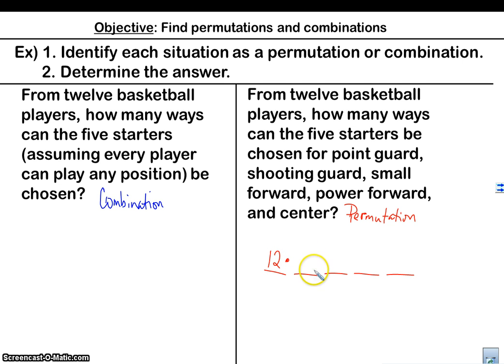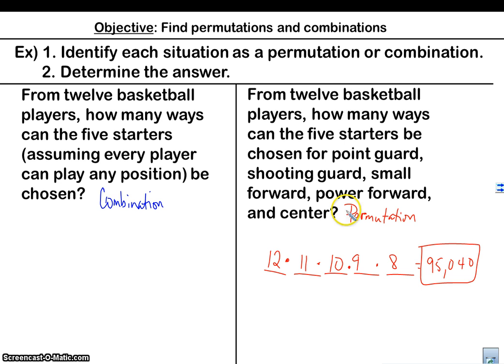For the second person, I could have 11 of them. Then I can have 10, then 9, then 8. So that is my permutation: 12, 11, 10, 9, 8. So how many is that? That is going to be 95,040. Ooh, that's a lot of ways.